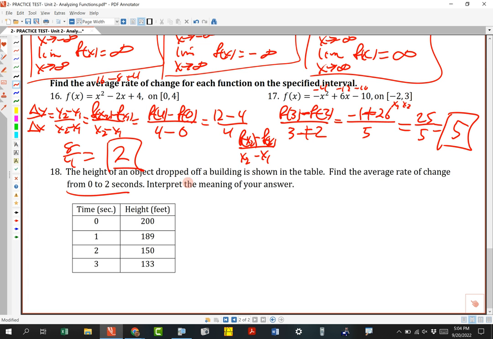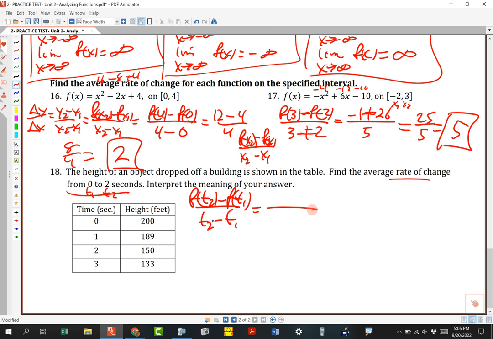Now on this one, we said an object was dropped off a building, and this was its height. And we want to know the average rate of change from 0 to 2 seconds. So this is time 1, and this is time 2. So I'm going to do T2 minus T1, f of T2 minus f of T1.